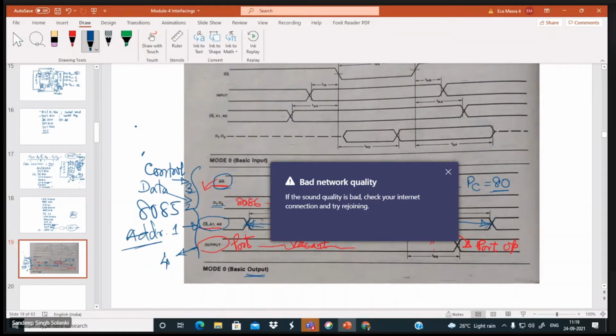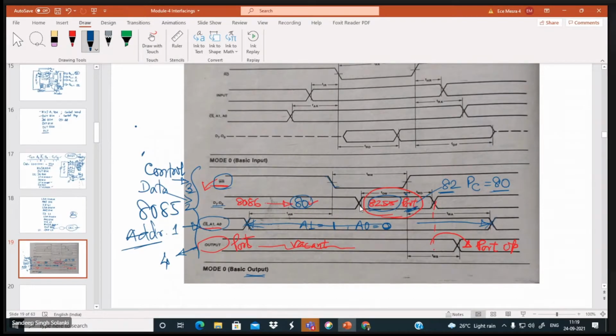But you can also find one more thing in your timing diagram. This is the data from processor to the port, and now from port to the pin. From port to the pin, it will be available during this part, because up till here it has been assumed that the data is not written.